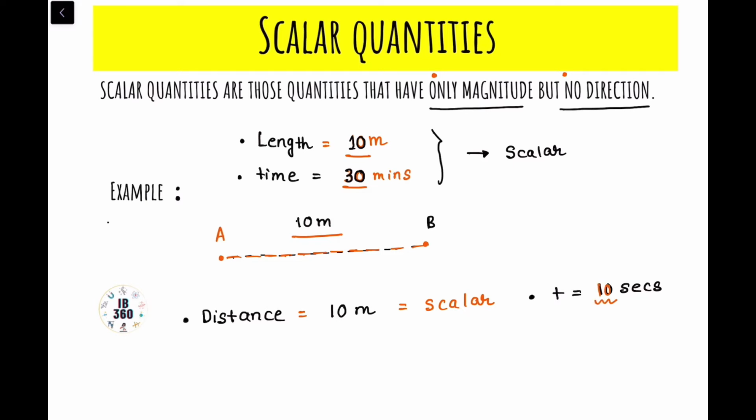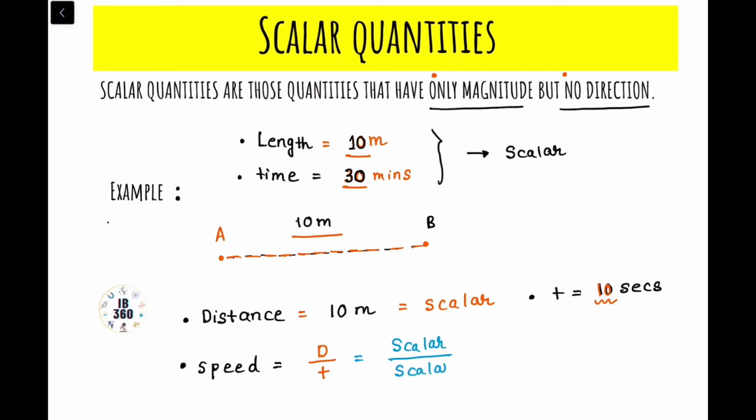Now if I want to calculate speed, what will speed be? Speed is distance divided by time. Distance is a scalar quantity and time is also a scalar quantity.